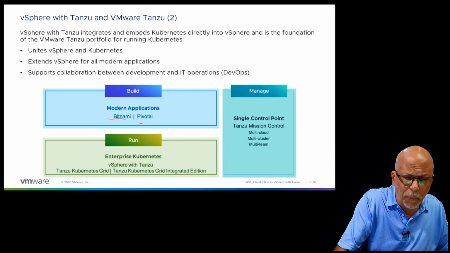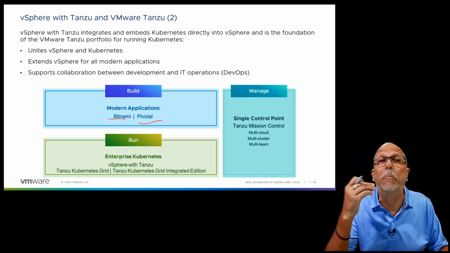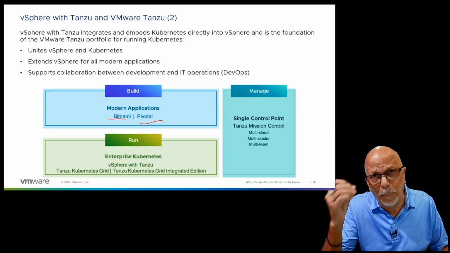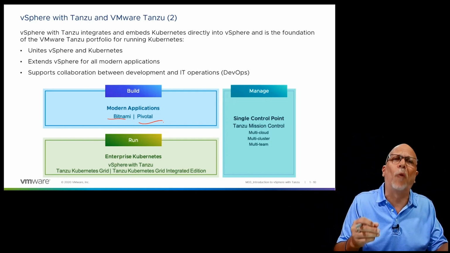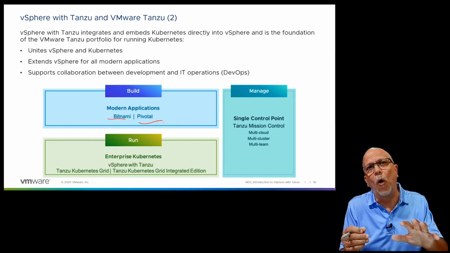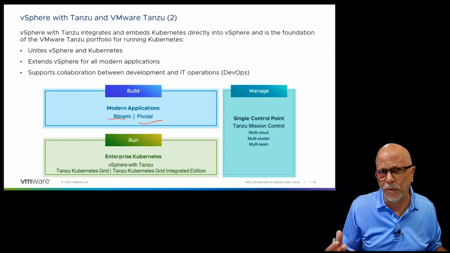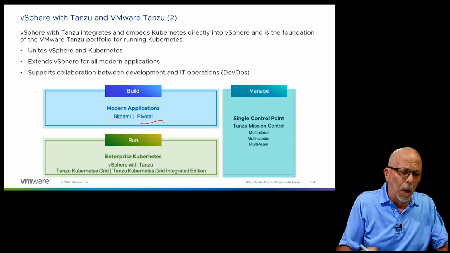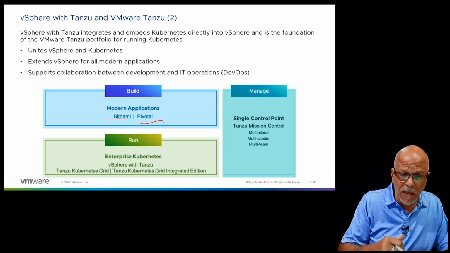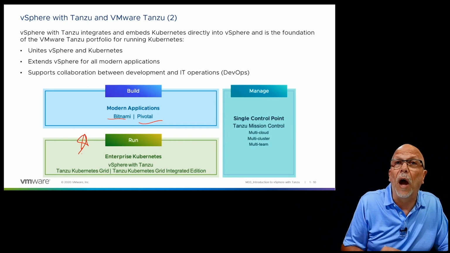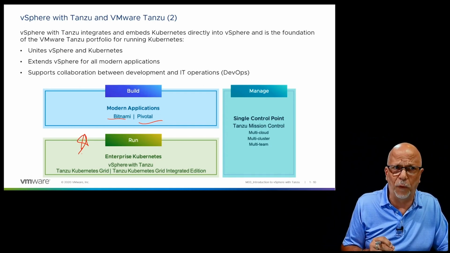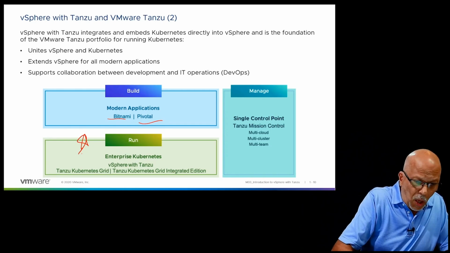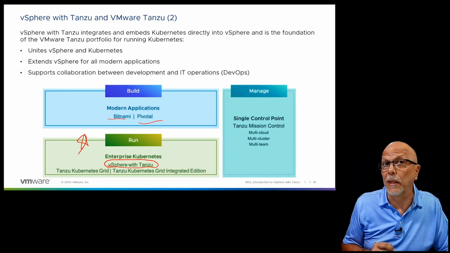We've got Pivotal, which is another way to help you build your application workload, to maybe easily migrate existing stuff quickly over to take advantage of this new cloud native landscape. In this class, we're focusing down here on ways to run our enterprise Kubernetes platforms. And vSphere with Tanzu is the solution we're specifically looking at.